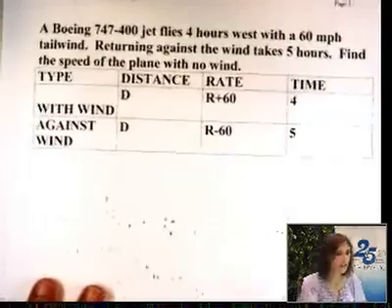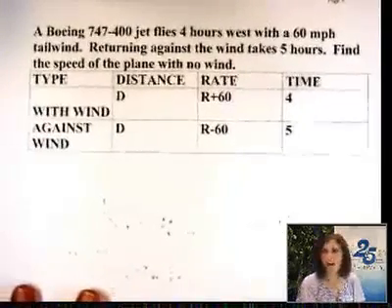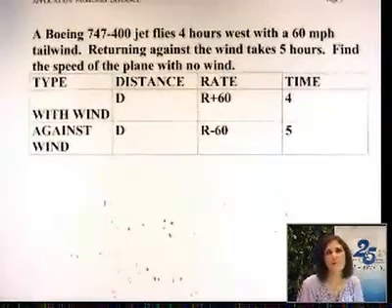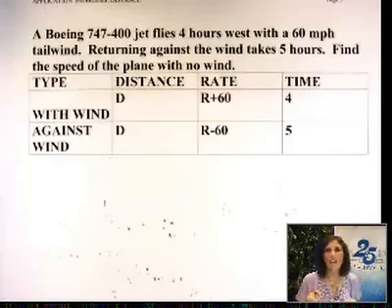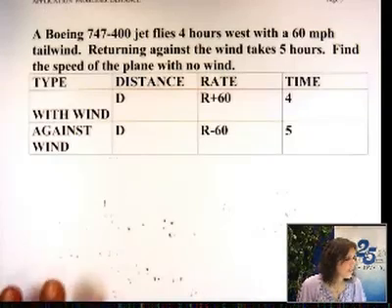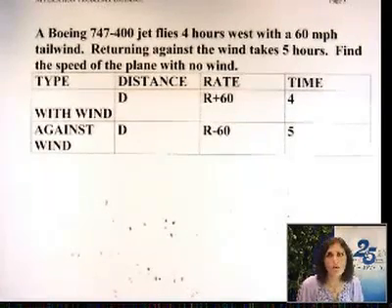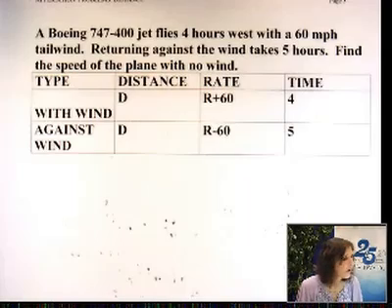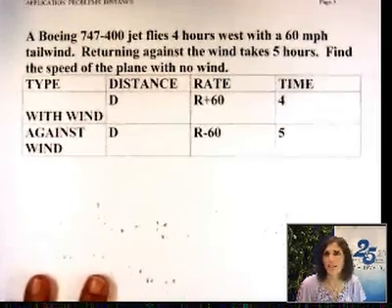So those kinds of problems: you are going with something or you're going against something. That can be current, that can be wind, that can be a moving conveyor belt. All right, let's look at that.